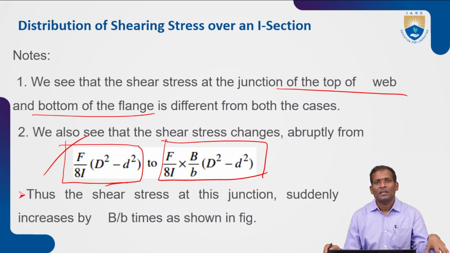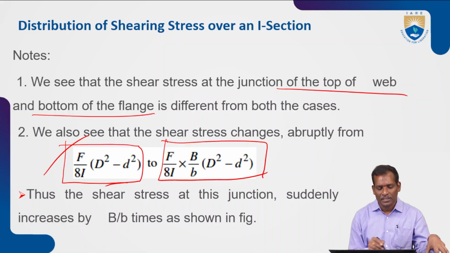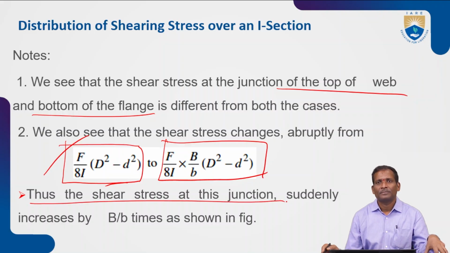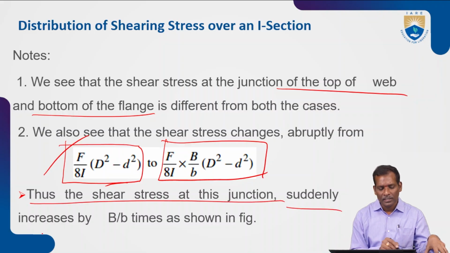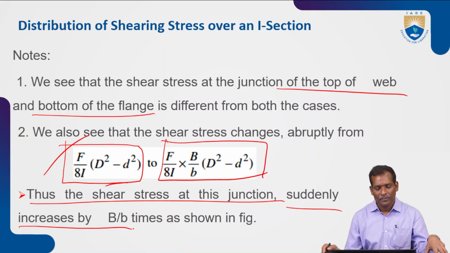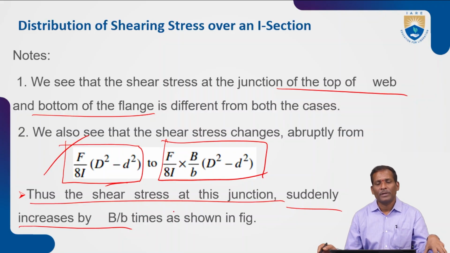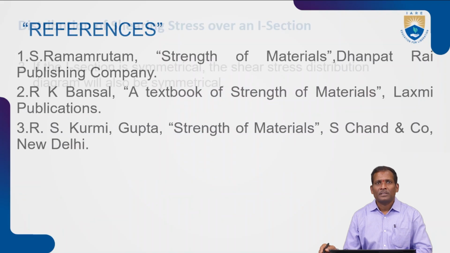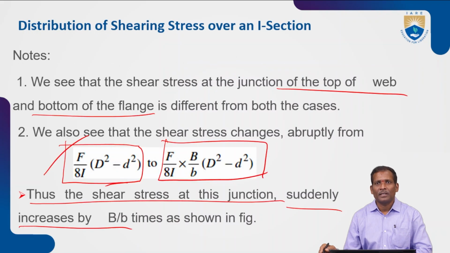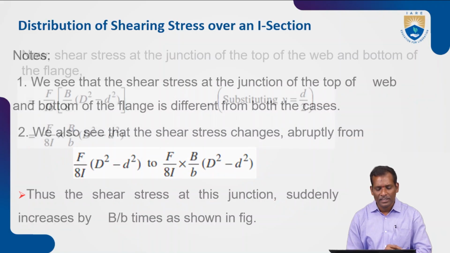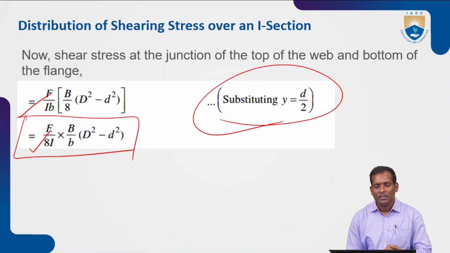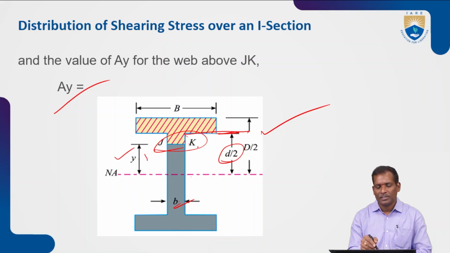So the shear stress at this junction suddenly increases by capital B by small b times, as shown in the figure. See here in this figure, the shear stress at this junction suddenly increases by capital B by small b.